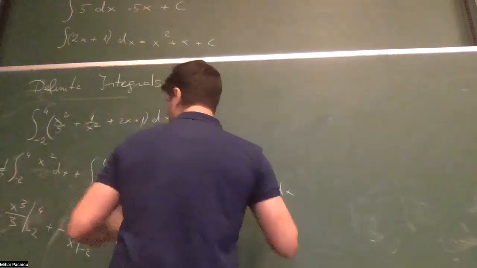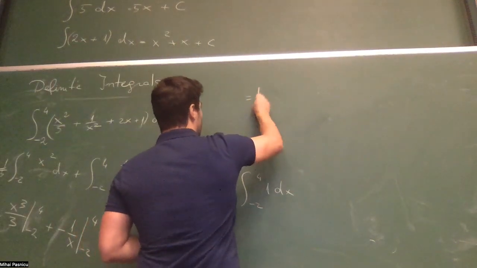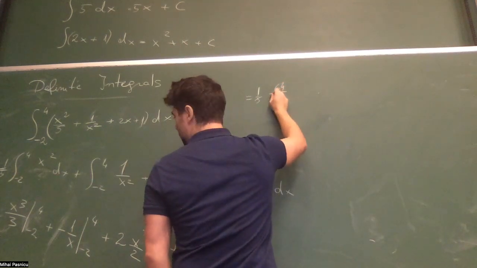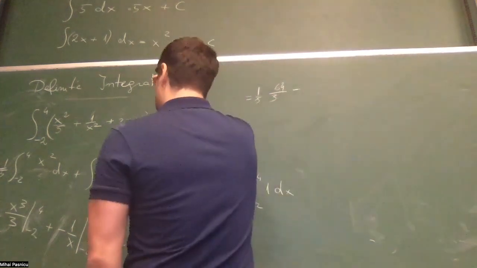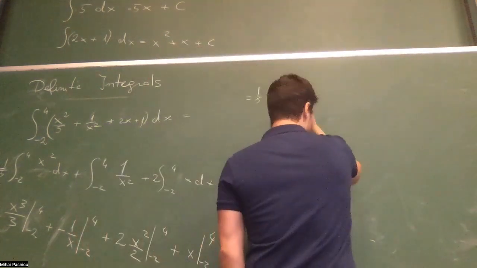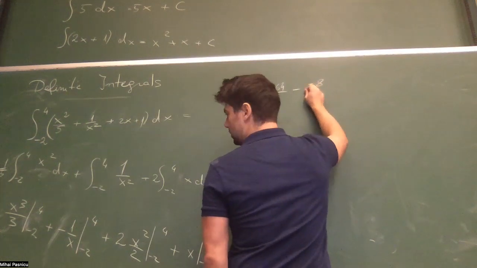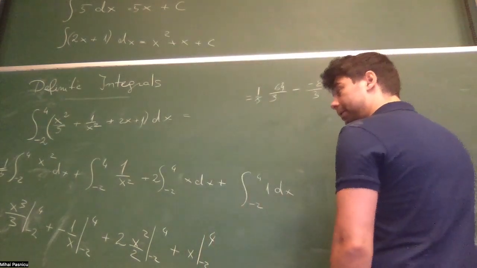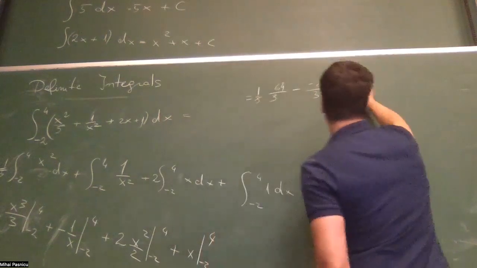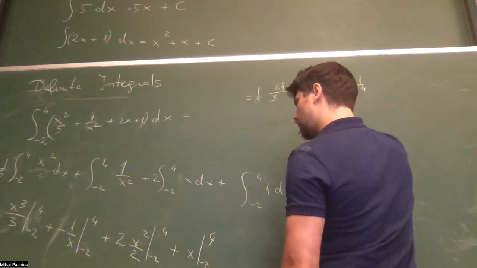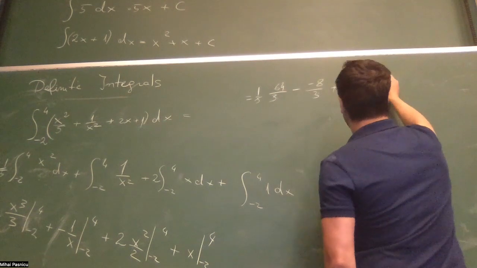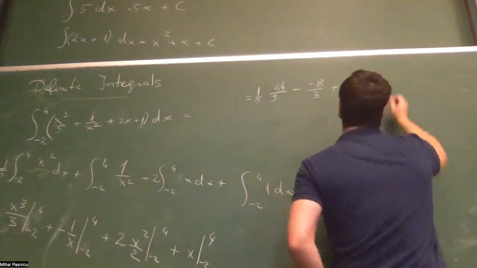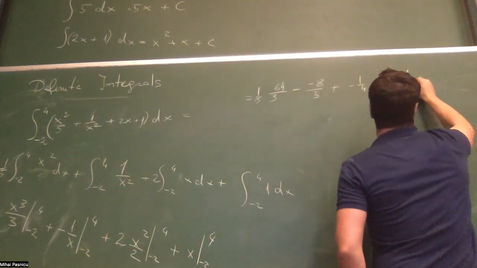So, just plugging in the numbers. 1/5, 4 to the third, that's 64, minus -2 to the third, that's -8, over 3, plus this is -4, then it's minus, this is a little bit trickier, -1/-2.